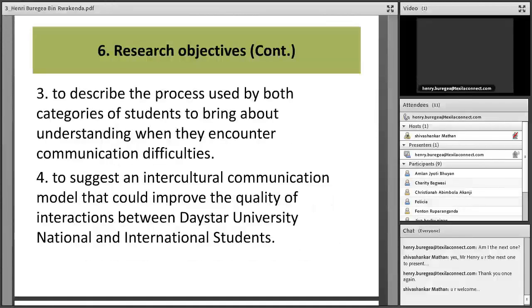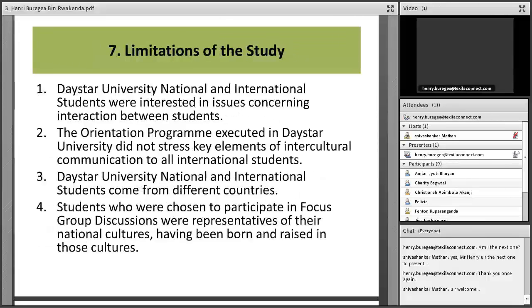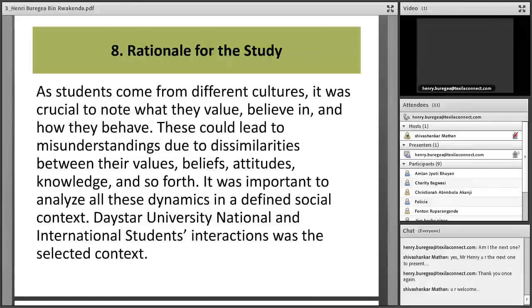The third was to describe the process used by both categories of students to bring about understanding when they encounter communication difficulties. Fourthly, to suggest an intercultural communication model that could improve the quality of interaction between Daystar University national and international students.